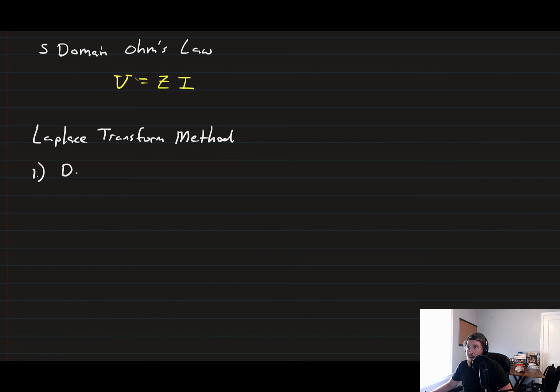So remember those transforms for those circuit elements involve introducing those new sources. So we're going to need to know what those initial conditions are. So determine V naught for capacitors and I naught for inductors.